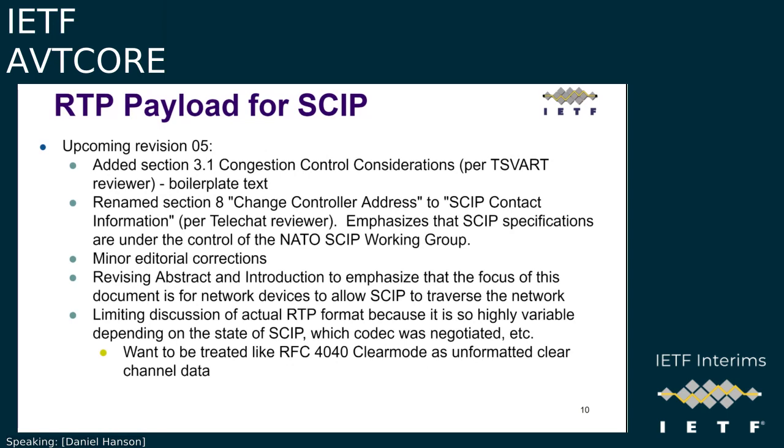But what we're also looking to do is shift our focus. There's been a lot of conversation about exactly what our RTP payload format is. We've tried to describe it as best we can without going into too much detail, only because it's hard. It's unlike other RTP formats, where there's a fixed format and there's only one format and that's all there ever is.